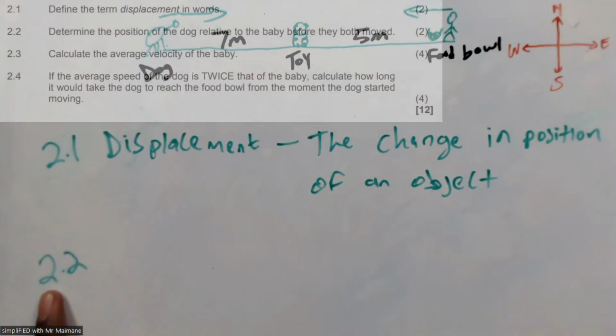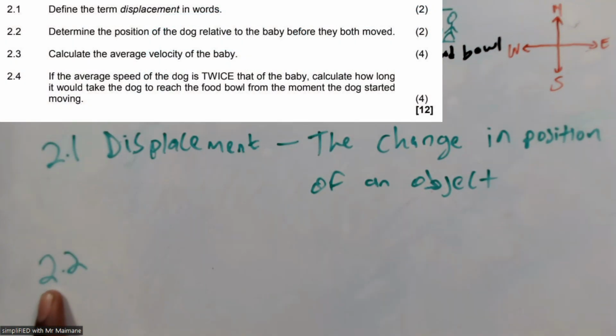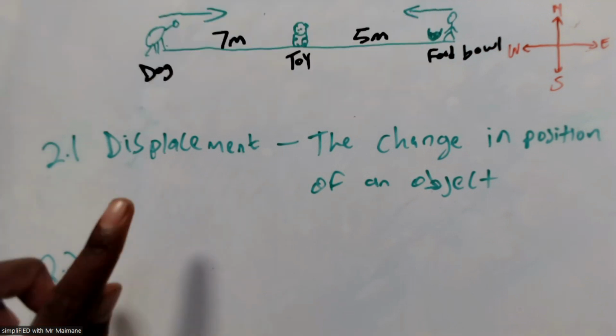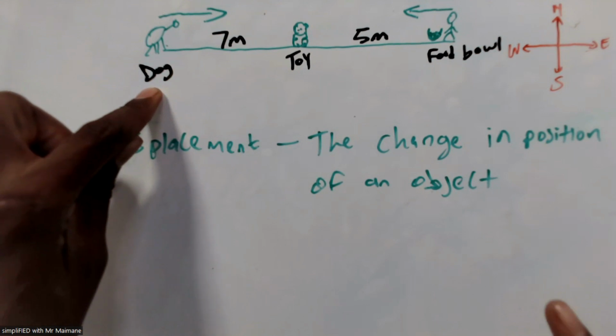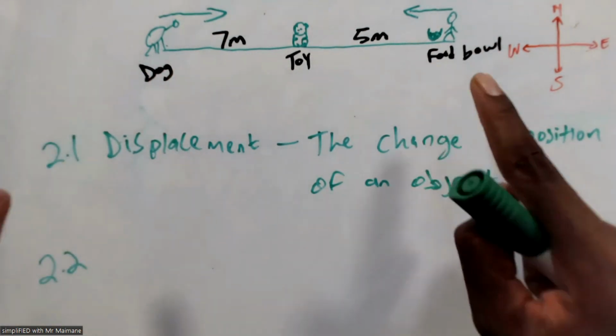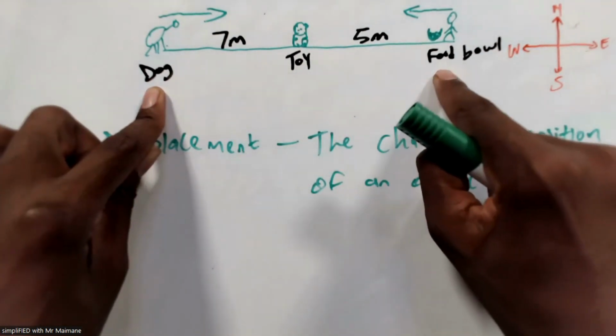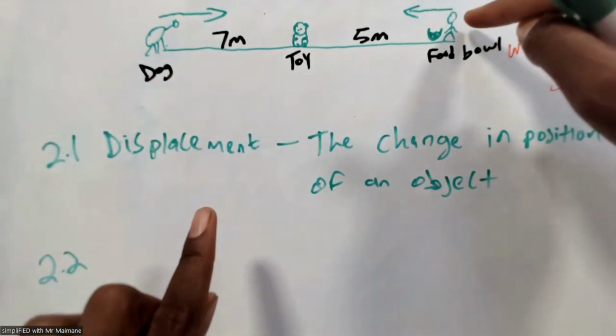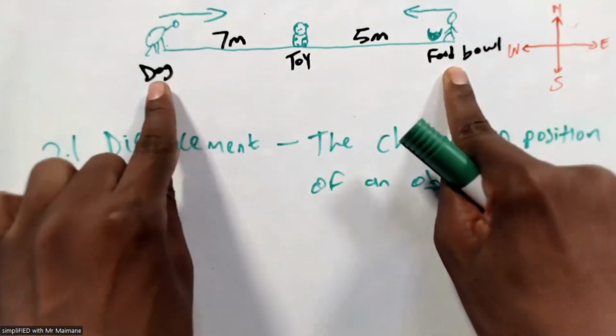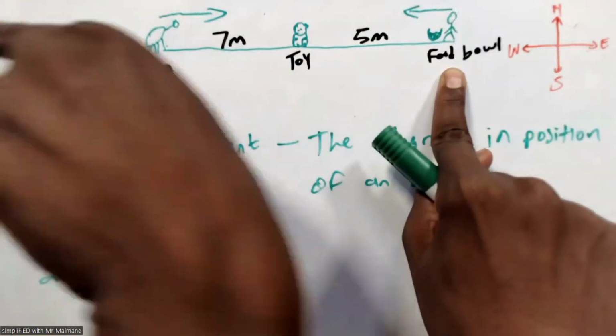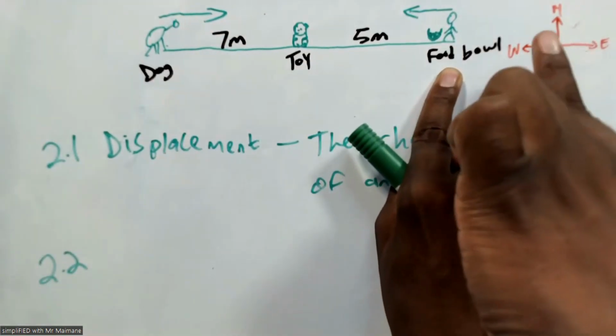Now looking at 2.2, they want us to determine the position of the dog relative to the boy before they both moved. The position of the dog relative to the boy means the position of the dog as the boy is seeing it at that point. So when the boy is standing here, the dog is on the west side, according to our scale of directions.